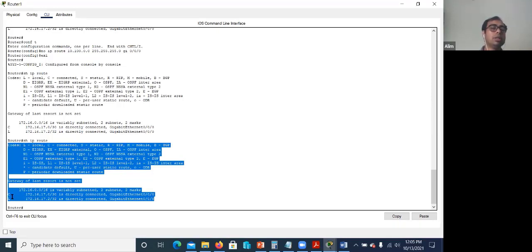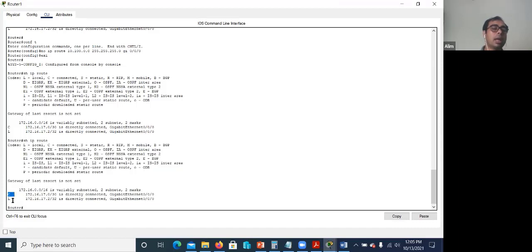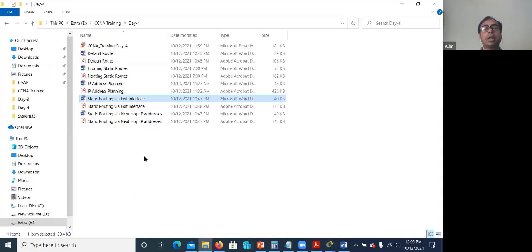You can only see connected and local, because there is no static routing. So we will use a slightly different command.